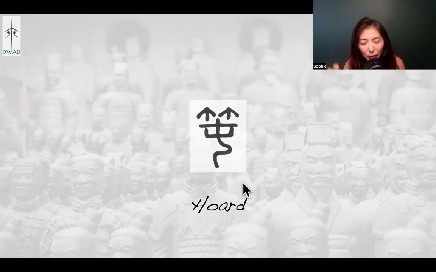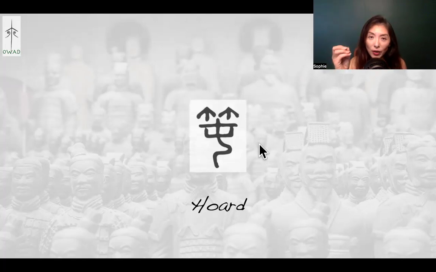It was not included in the first edition of a Chinese dictionary 2,000 years ago, but it's similar enough to show the middle part of it. And the reason why it ends up being hoard is because this plant always has to focus strength and intention into one point, one focal point, until it breaks through.